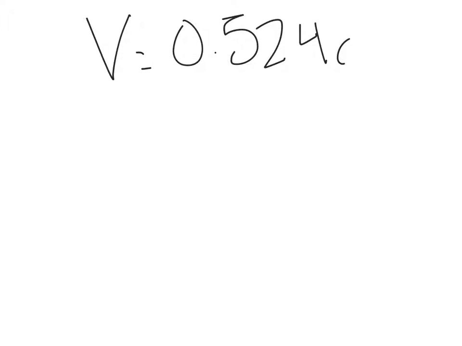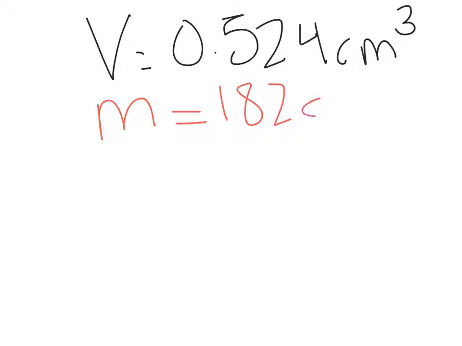So here we are. We now have a value for our volume, V, which we just solved for, which was 0.524 centimeters cubed. We also were given a value for our mass, M, which for me was 182 grams. So now that we have mass and volume, we can use those two values to solve for our density. So let's plug into our equation.